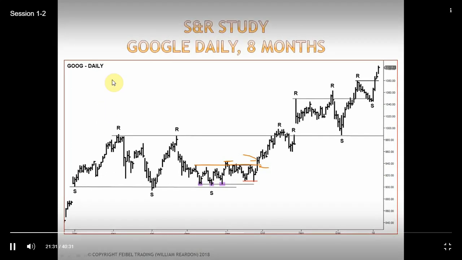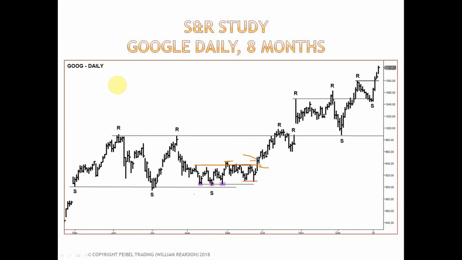And by being able to read the subtleties, this is the key to the chart and why it's being used for the study. Now, let me just mention local level support again. We will have lots of studies, but this is also a local level of support within the major trading range, which is this resistance and this support.